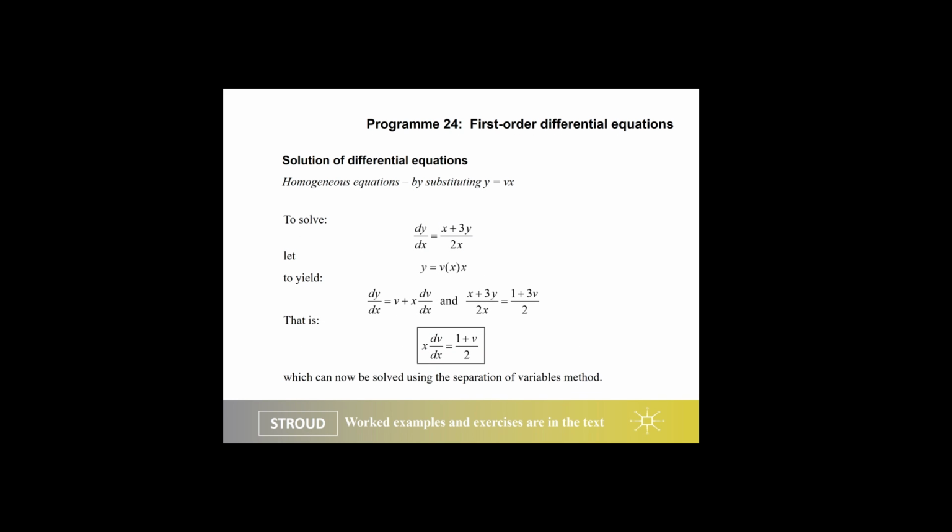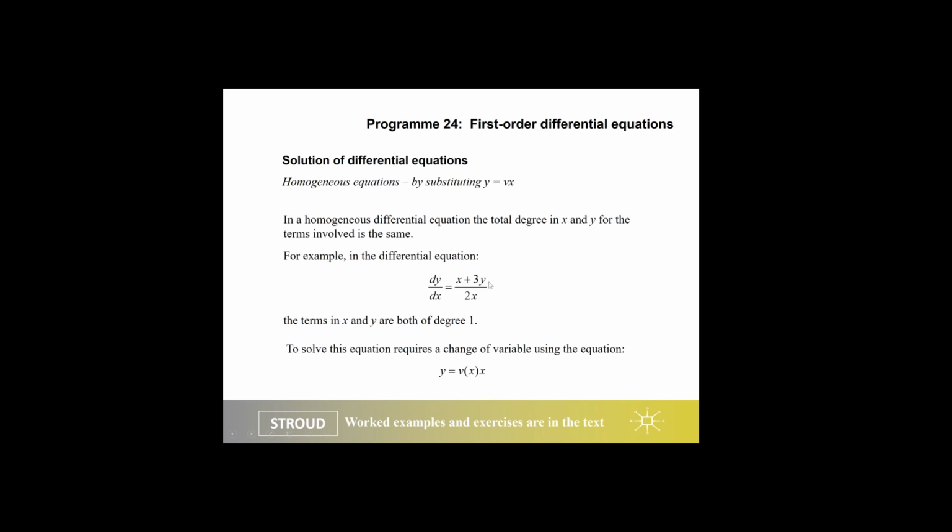Let's continue. Here we have vx, and here we have x over x plus 3 multiplied by y over x divided by 2x over x.